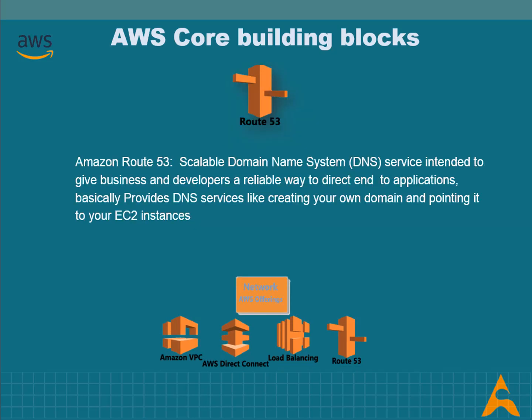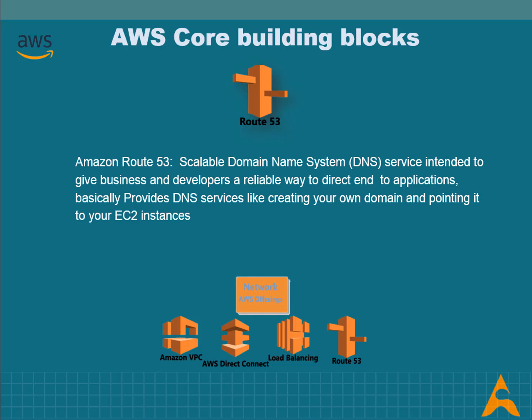Further, let's talk about what is Amazon Route 53. Since we are giving you an overview of networking in Amazon Web Services, Amazon Route 53 is one of the important component services from AWS. It is a scalable domain name system service intended to give businesses and developers a reliable way to direct end users to applications.